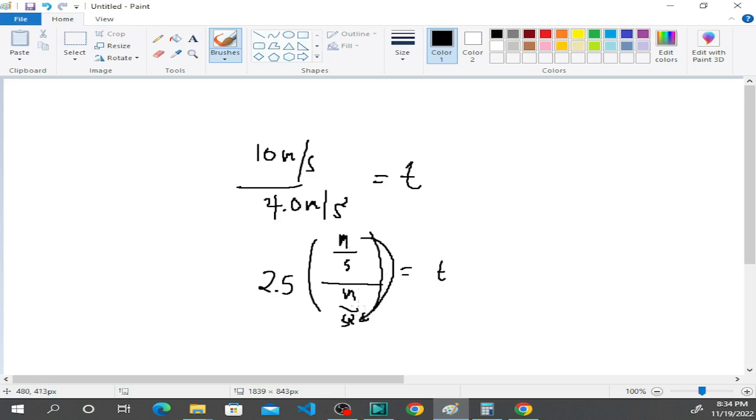Multiply the numerator by the denominator for your new numerator, that is meters times second squared, and multiply these two again for your new denominator, and you will see that the unit will be second. So t is equivalent to 2.5 seconds.